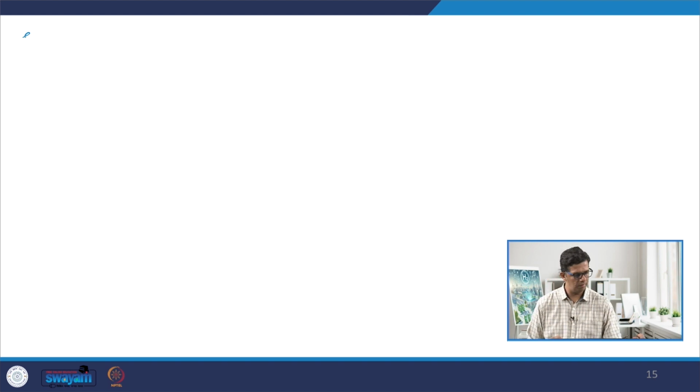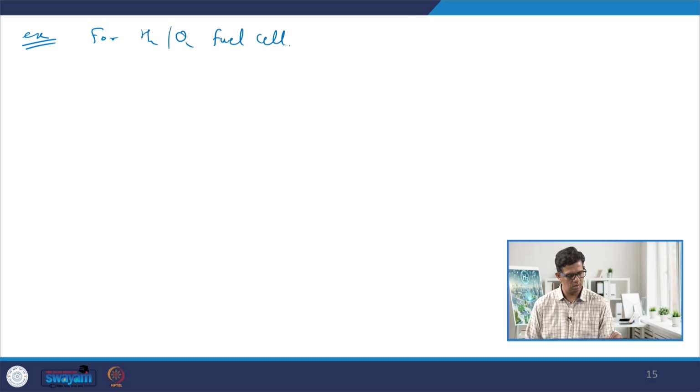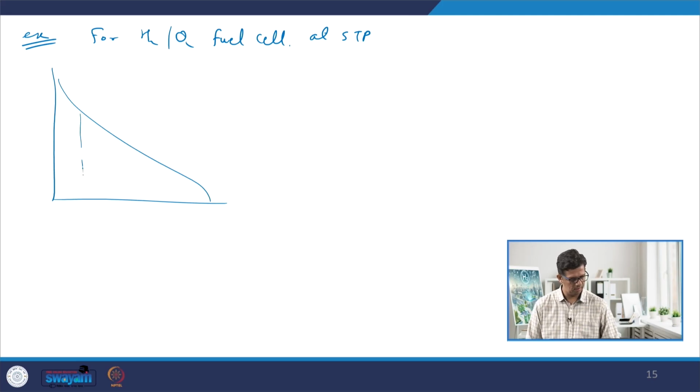Let's quickly solve an example. So for a fuel cell, which is an H2O2 fuel cell, which is operating at STP. The 3 points given, 0.2, 0.5 and 0.8, these are the current densities. Limiting current density is 1 amps per centimeter square.